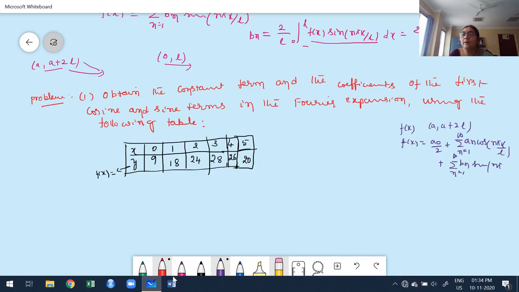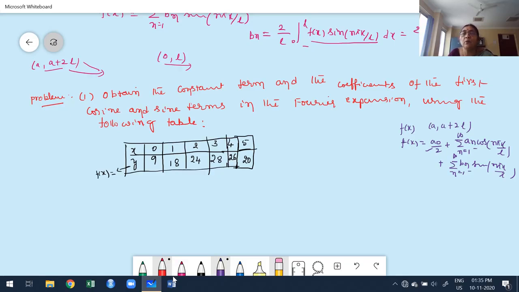The constant term means I have to find the a naught value. Also the coefficient of the first cosine term, meaning n equal to 1, a1, and the first sine term, meaning the b1 value. I have to find the a naught, a1 and b1 values here. They are not asking to construct up to the first harmonic.